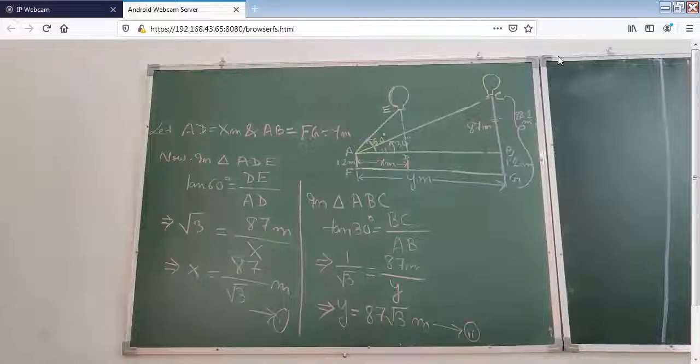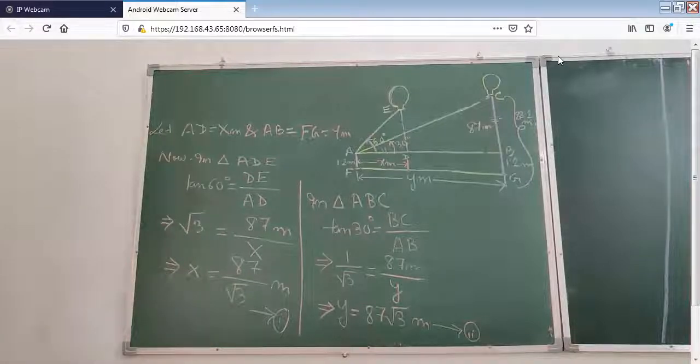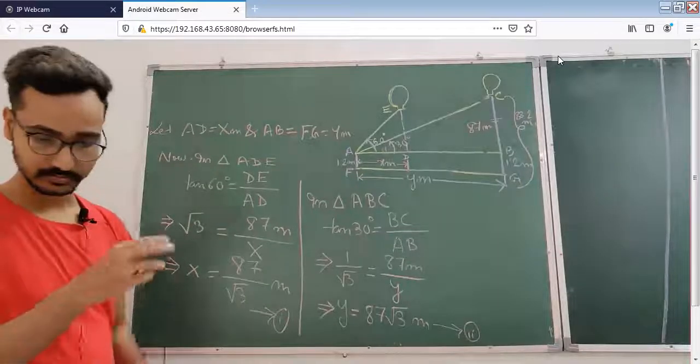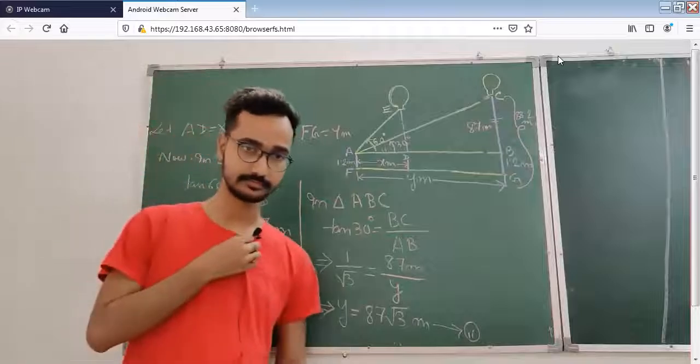Write down in your copy. Take 2 minutes and write this down in your copy. Subtract and you will get BD.